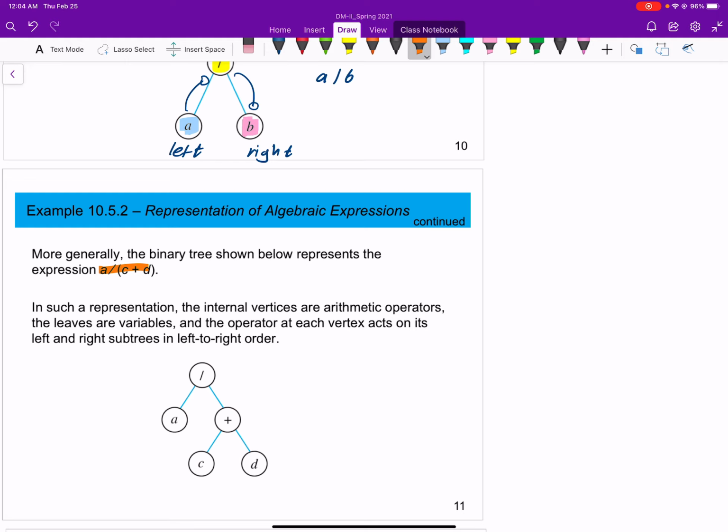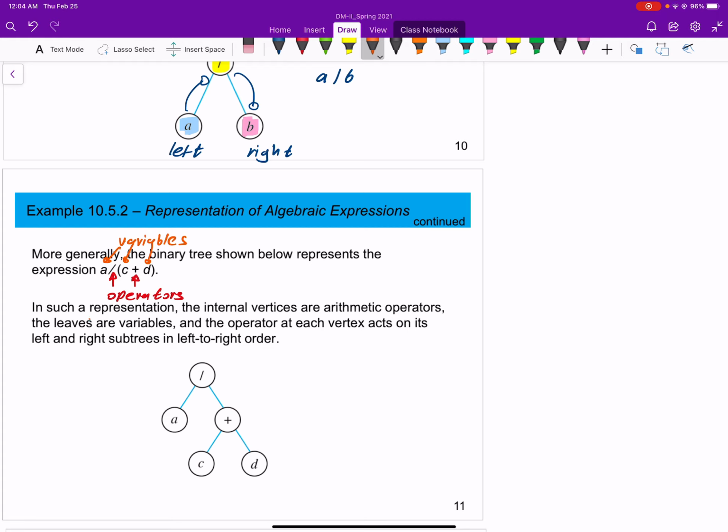There are two operators, division and summation. And these are variables. The variables are a, c, and d.